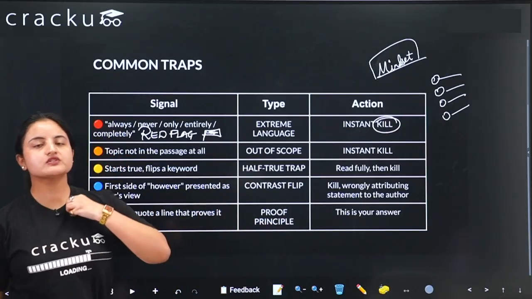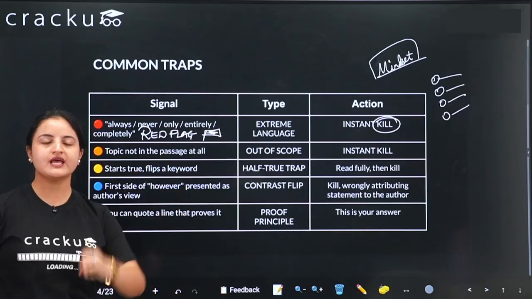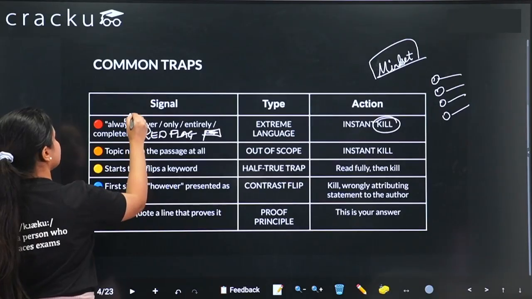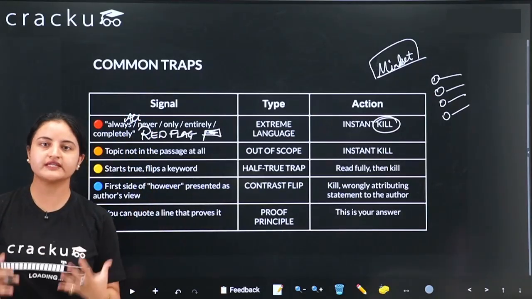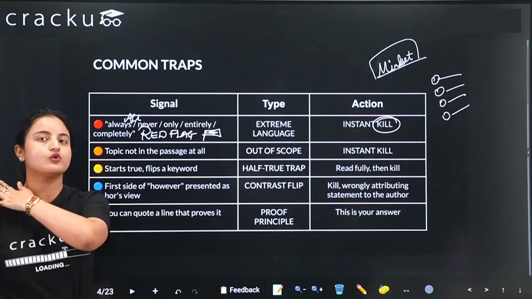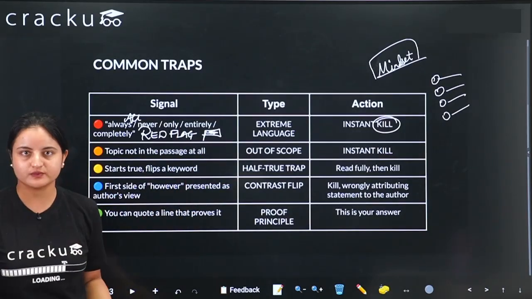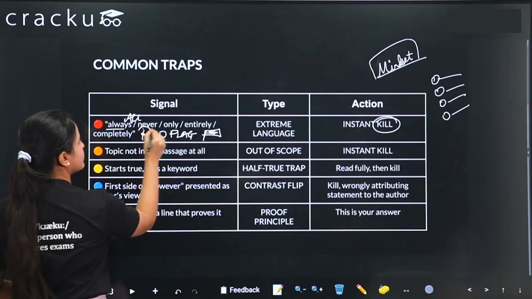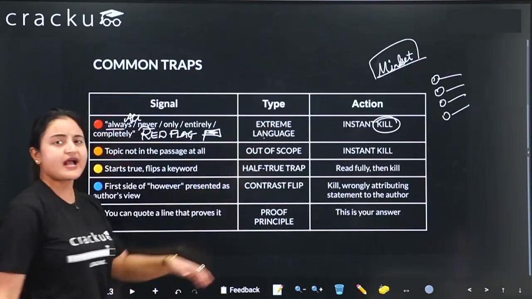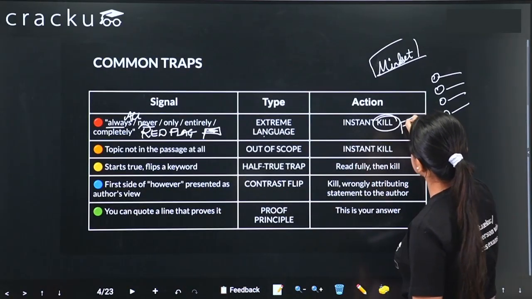So when something is superlatively used, like fully, completely, entirely, explains, all, everything, like this explains everything. This passage is talking about the theory of the universe and is explaining everything. That is never possible. So these extreme words are a trap. This extreme language is a trap, and it should be instantly killed. You can just eliminate these options.